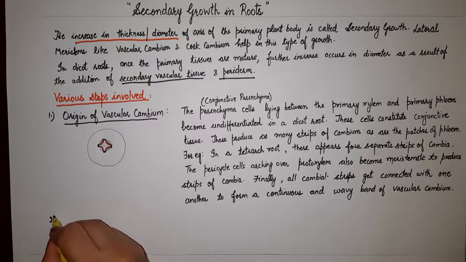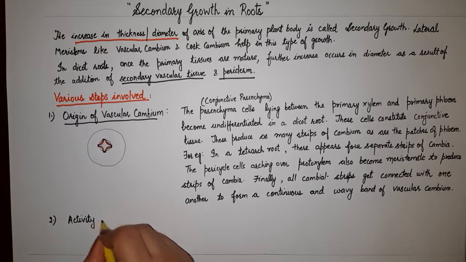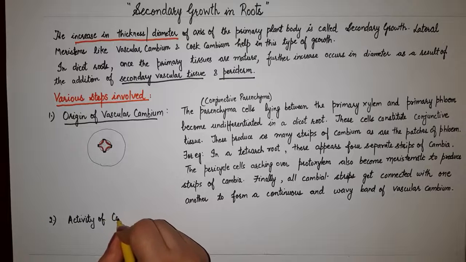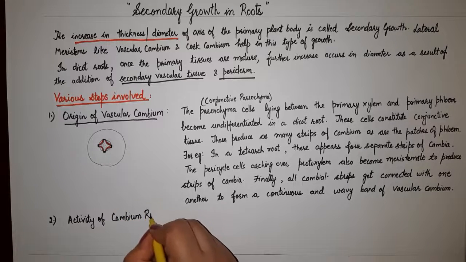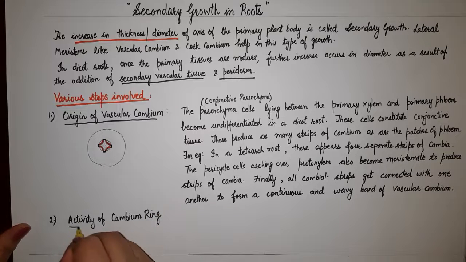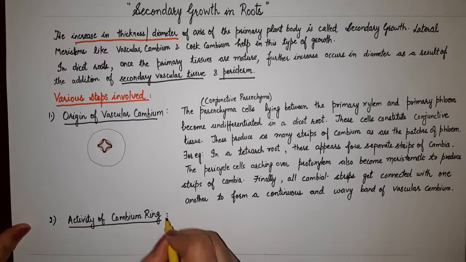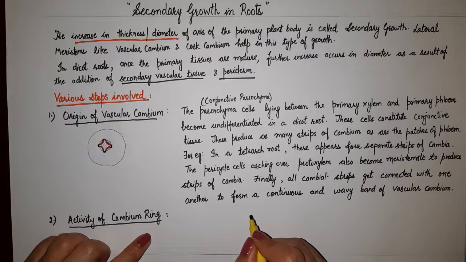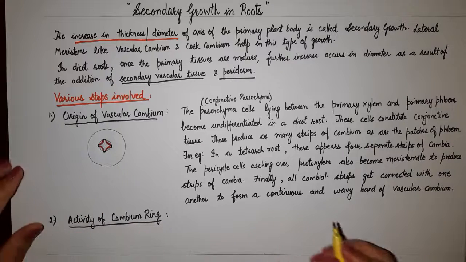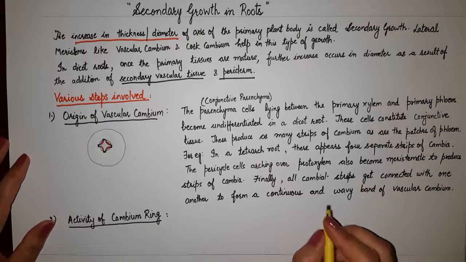The second step is activity of cambium ring. So once the vascular cambium is formed, what kind of cells is it going to cut off? So that is the activity of cambium ring.